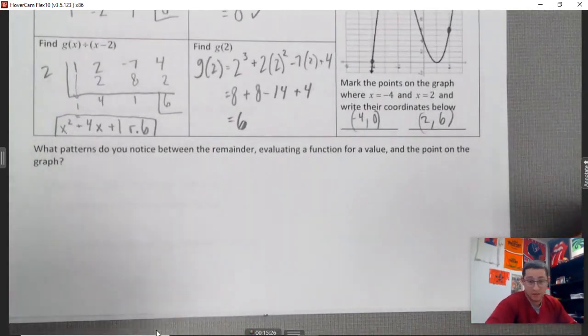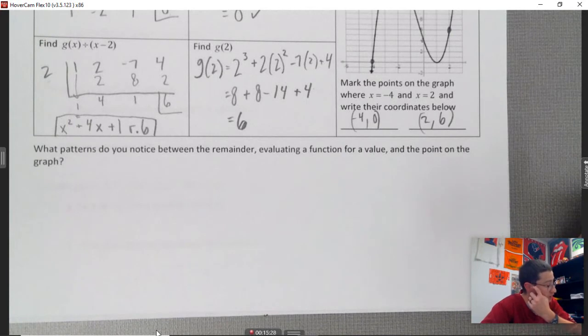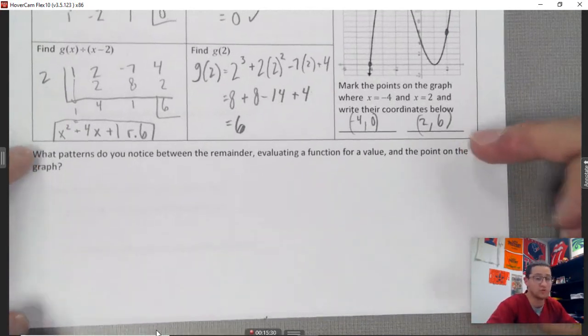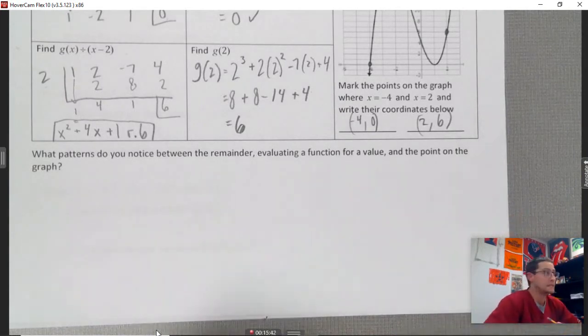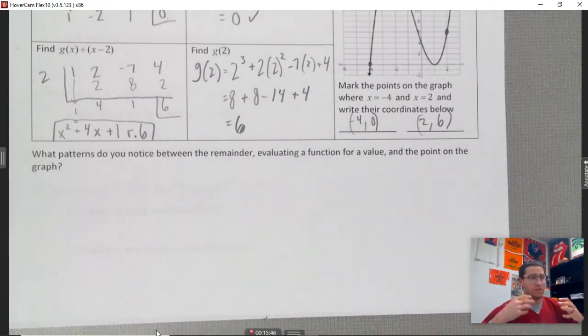So I recommend maybe pausing here and thinking about how you can put this into your own terms. It says, what patterns do you notice between the remainder, evaluating the function for a value, and then the point on the graph? So we've kind of talked about that pattern, and we're going to talk about the pattern in a formal way on the back page. So maybe it helps to think about how you can word that with your own words.